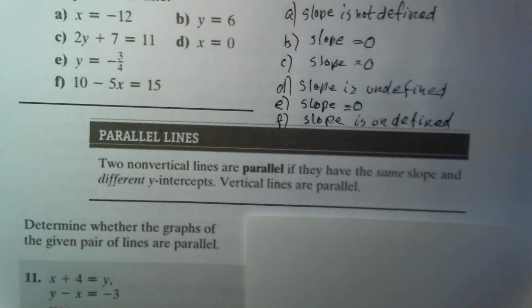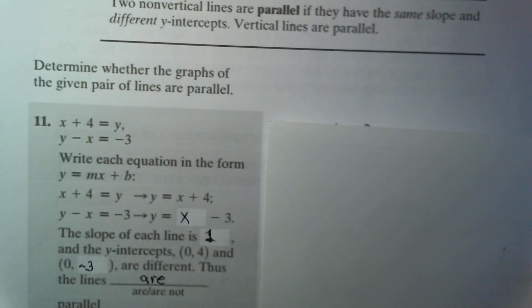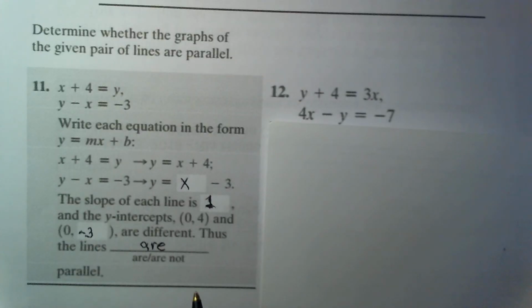So therefore, we can say that the lines are parallel because the two conditions are satisfied. Number one, they have the same slope, and number two, they have different y-intercepts. So they are parallel.